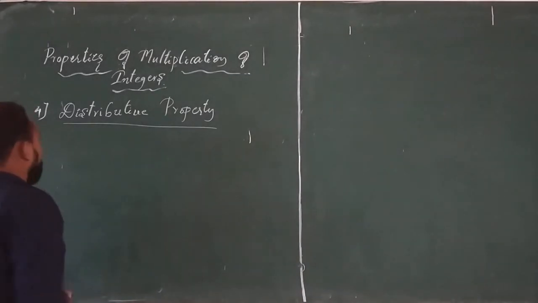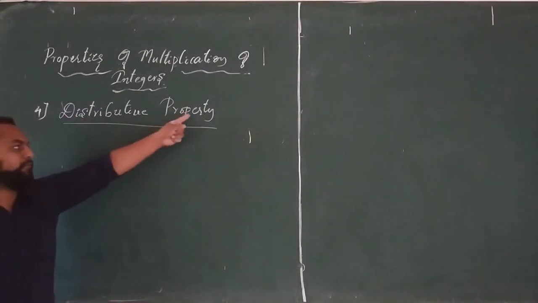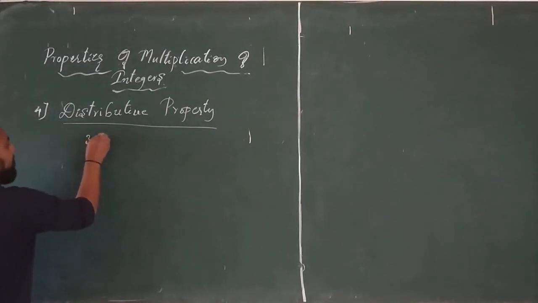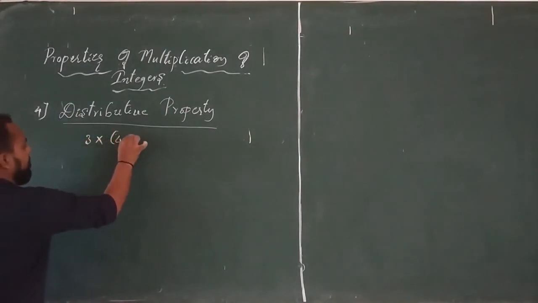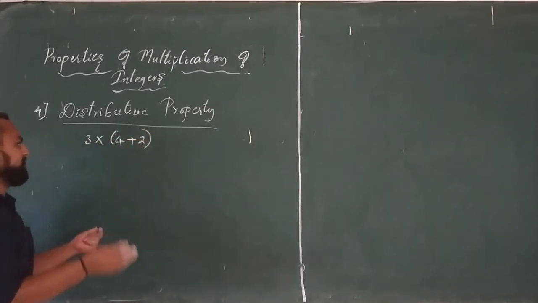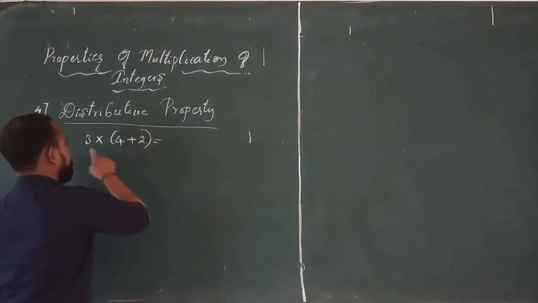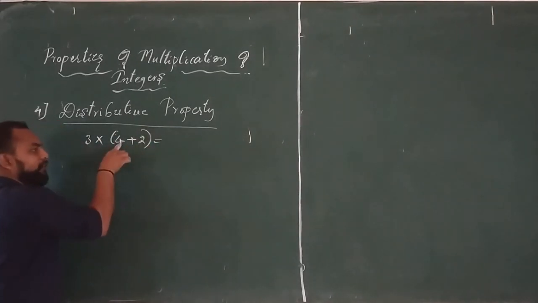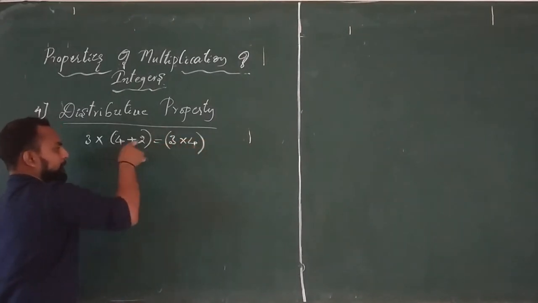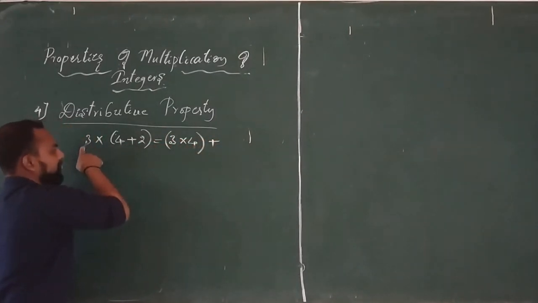Then the fourth property is the distributive property. Here, 3 into 4 plus 2. Distribute the 3 over the bracket: 3 into 4 plus 3 into 2.